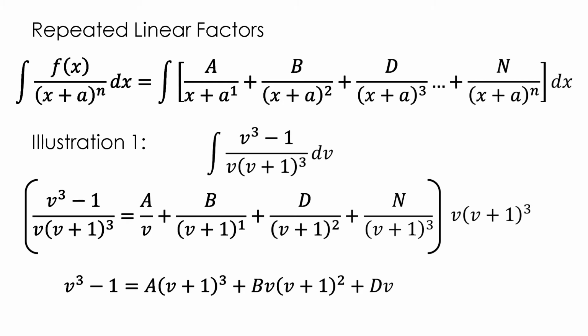Since v plus 1 quantity squared cancels out, we only have now D times v times v plus 1. And for the last term, v plus 1 raised to 3 will also cancel out, so what remains will be plus N times v. So with this identity, we were able to clear out fractions.